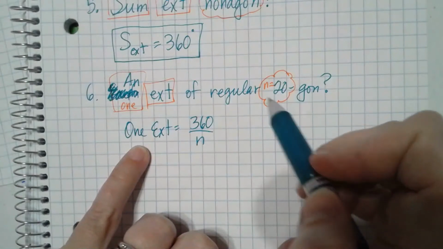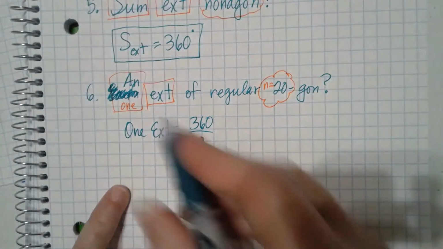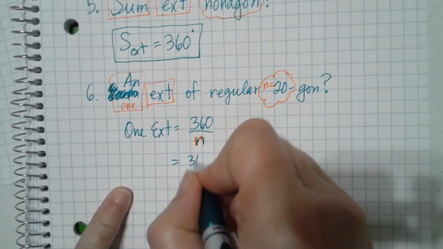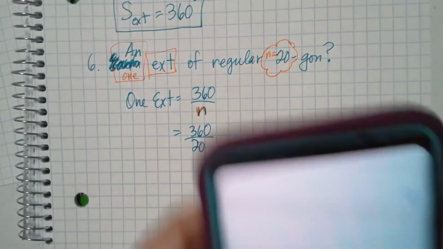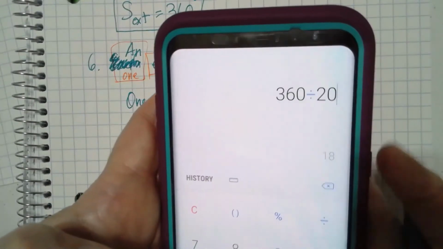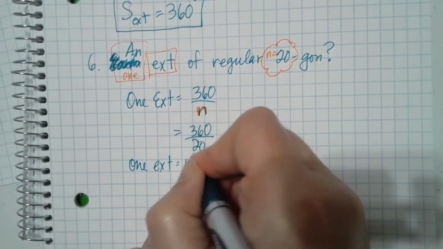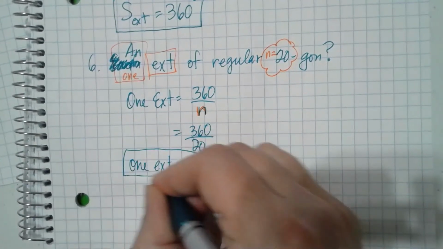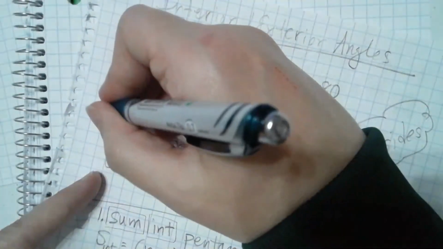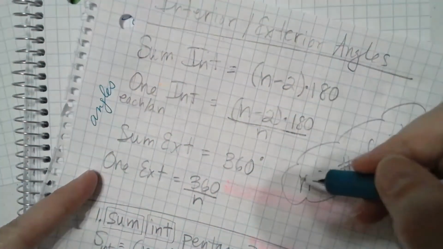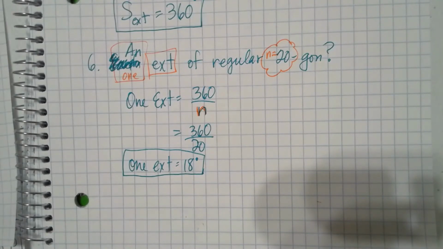In this problem, we have this 20, which we said is n, so we're going to put it right here, and we're going to have something equals 360 over 20. 360 divided by 20 will give us our answer of 18 degrees. And again, all of these are angles, so our answers are all going to be in degrees. If we're solving for n, that's going to be the number of sides.